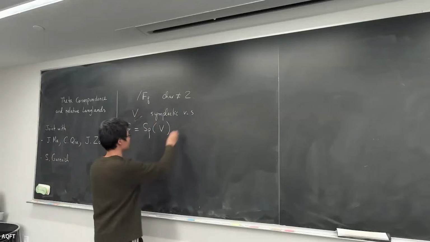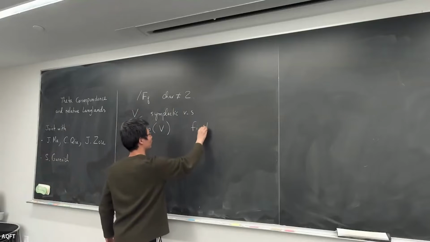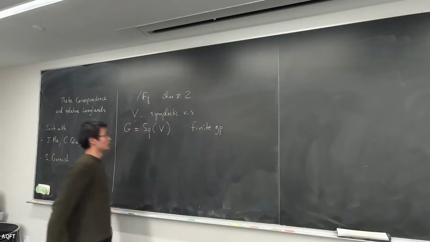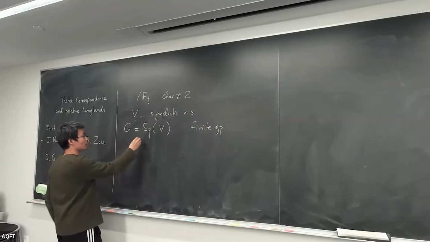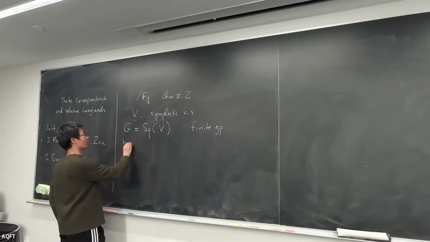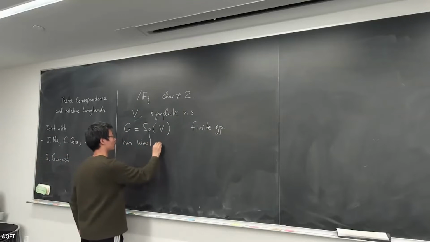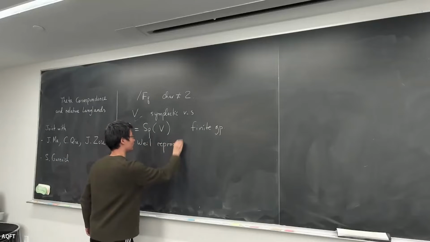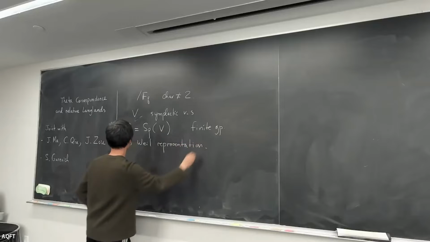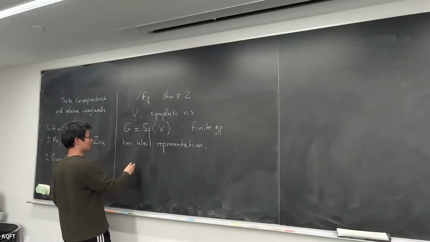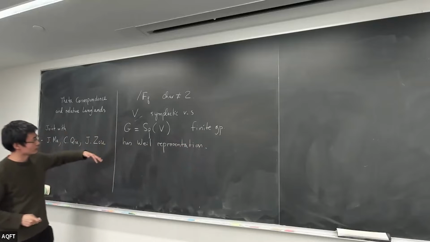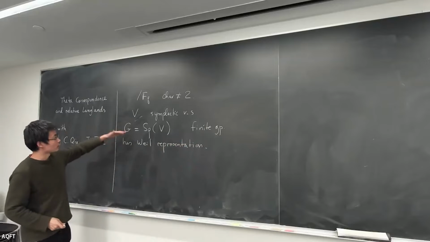Here I'm just viewing it as a finite group, the points of the symplectic group. This group has a remarkable representation, the Weil representation. In some sense it's like the standard representation.